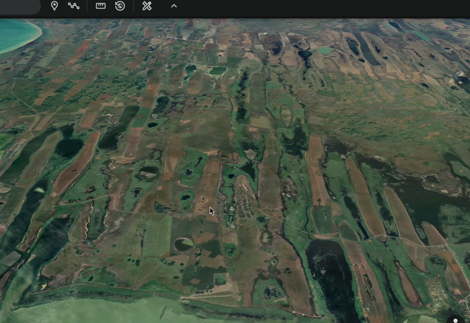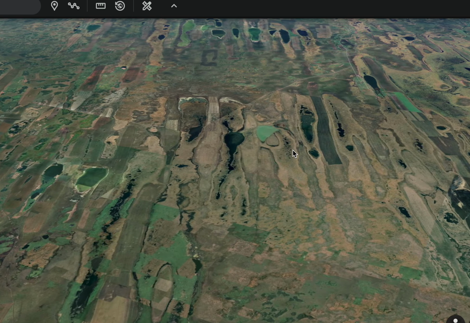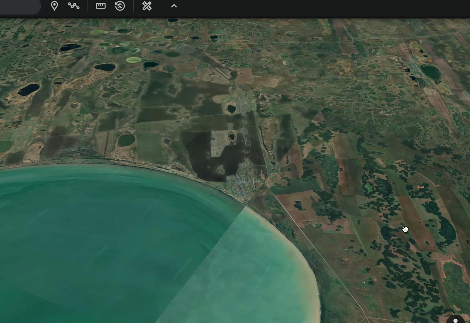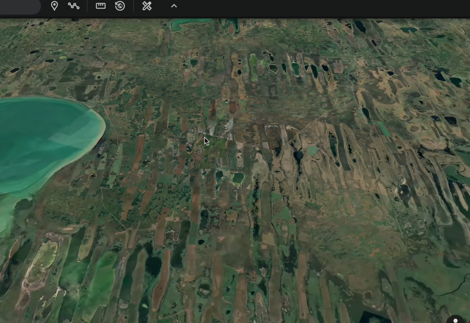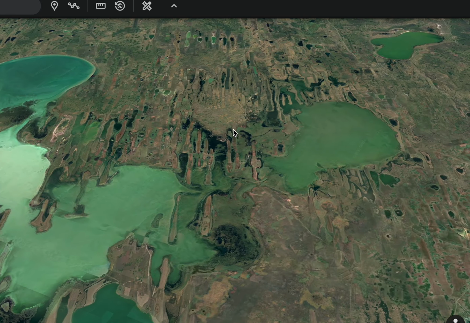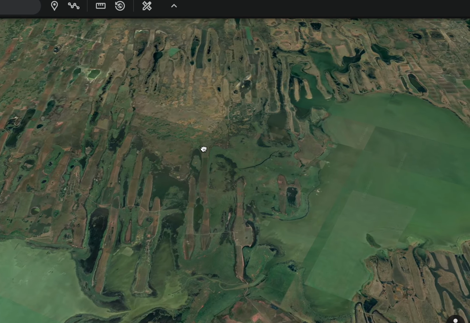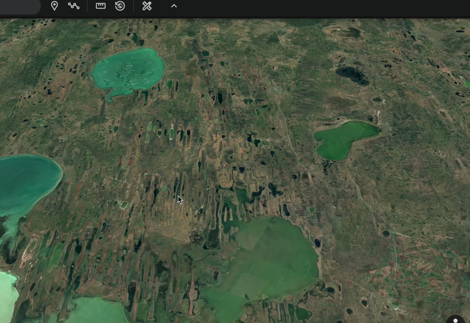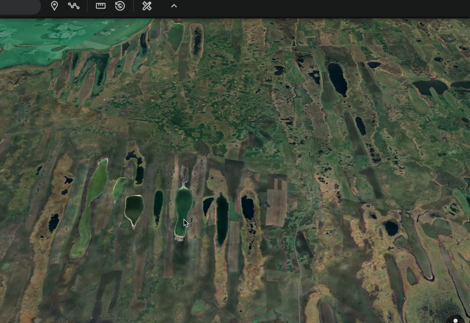So the drumlins are basically in between the laminar flow. That's why they were able to be preserved. And around them, it's even undercut. And there's lakes, right? So this is undercut.